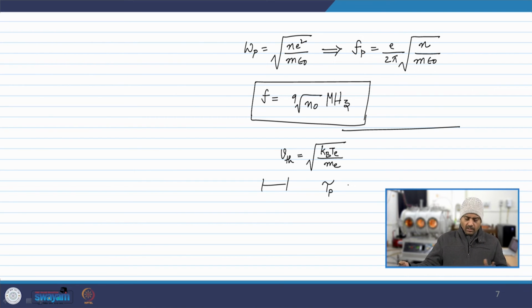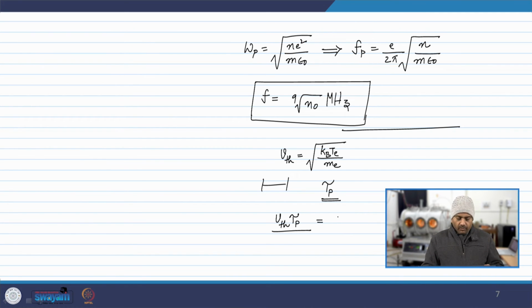There is a frequency, there is a time period, right. Now, the distance travelled by the electron, by the particle in one period, because you know the velocity, the distance would be V_th times tau p. This is something, right.